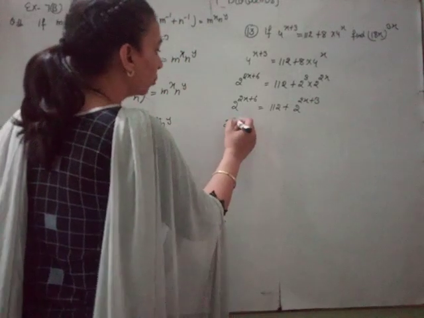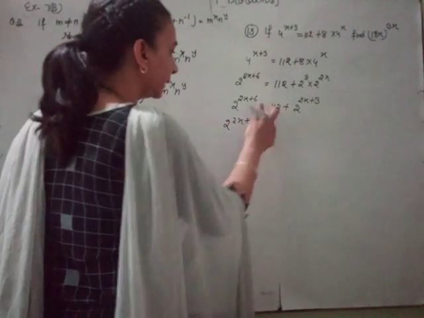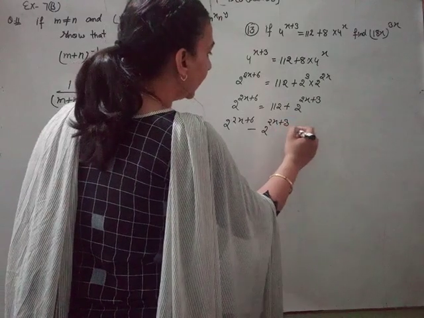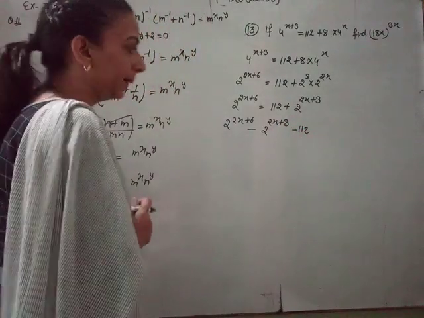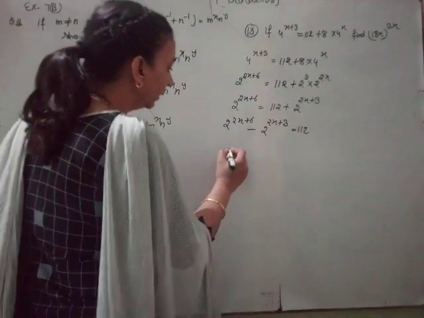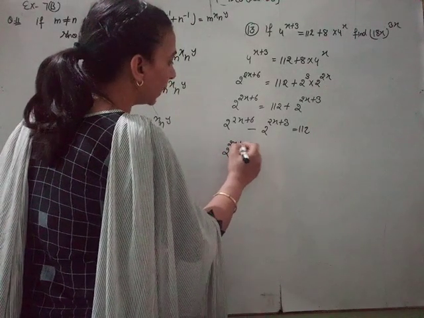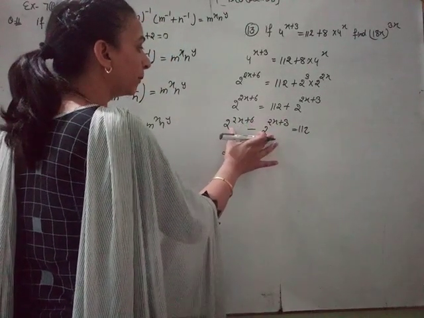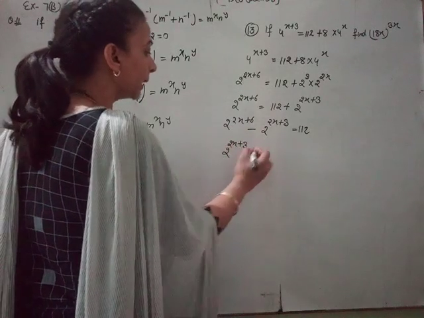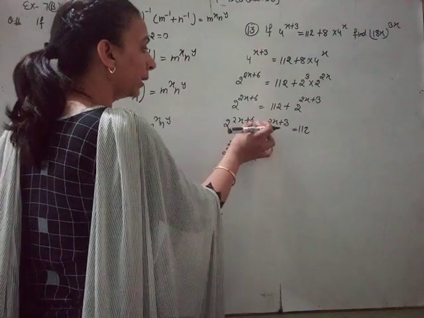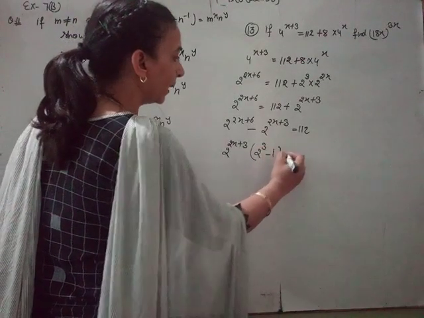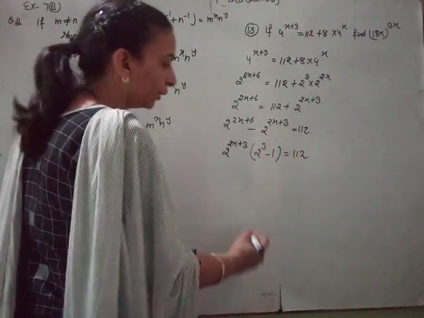Okay, then 2 raised to the power 2x plus 6, we take this on the left side, minus 2 raised to the power 2x plus 3 equals 112. Students, we take common from this 2 raised to the power 2x plus 3. From 2 raised to 2x plus 6, we take 2 raised to 2x plus 3 common, then only the power 3 is left: 2 raised to the power 3 minus 1, and this equals 112.